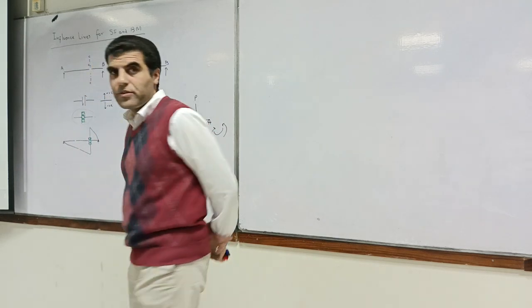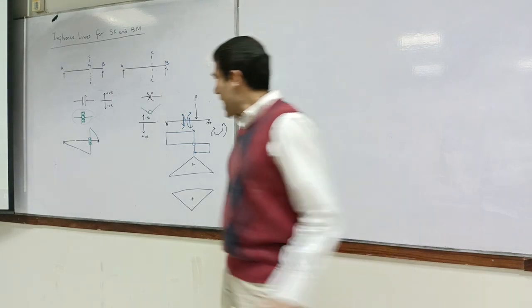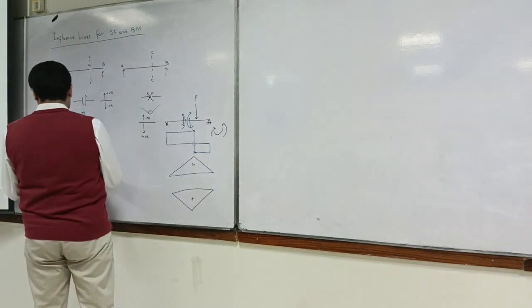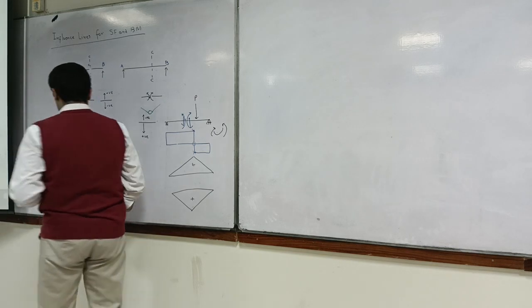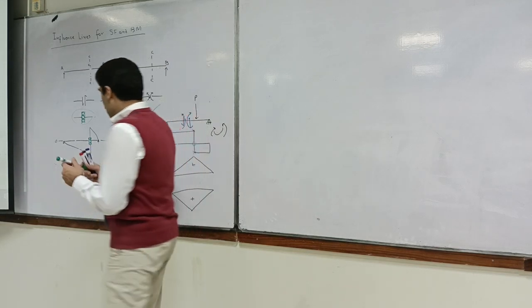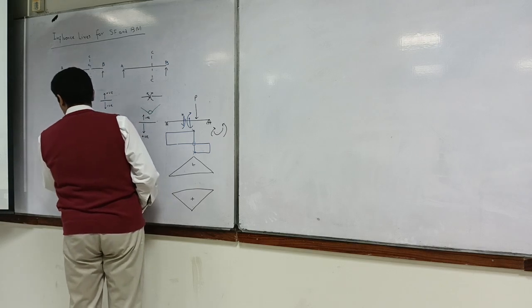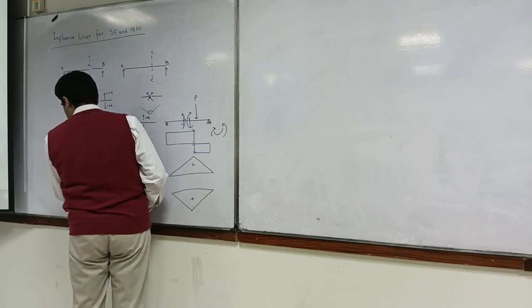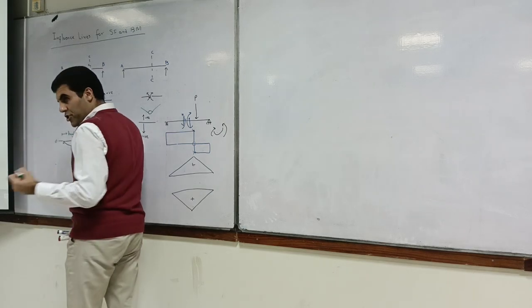Yeah? Sir, can you label the axis of the graph? Sorry? Can you label the axis of the graph? Like what is being represented on the x-axis and what is being represented on the y-axis? No, on the x-axis it's the same. This is length. It is the position of the load actually. This is actually the length, but this is actually the position of the load.